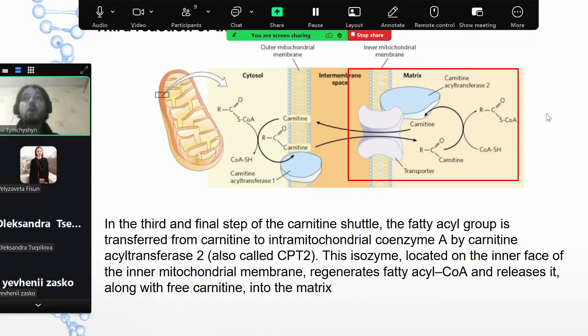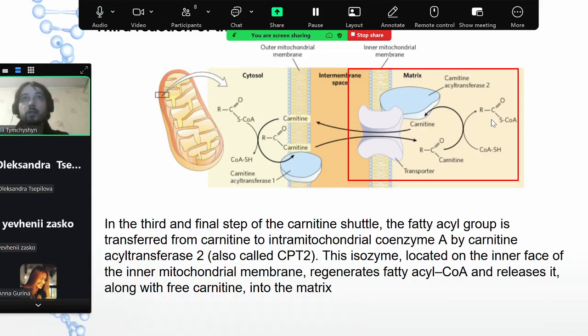We just need to recover things to where they were at the beginning, and that's basically the fatty acyl group is transferred from carnitine to intramitochondrial coenzyme A by carnitine acyltransferase 2, called CPT2. This isozyme is located on the inner face of the inner mitochondrial membrane and regenerates fatty acyl-CoA and releases it along with free carnitine in the matrix.